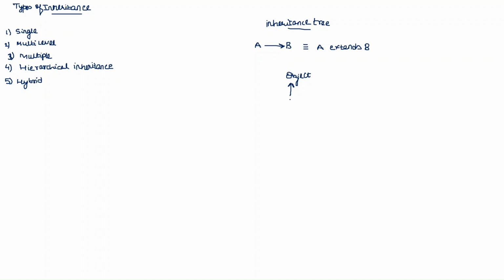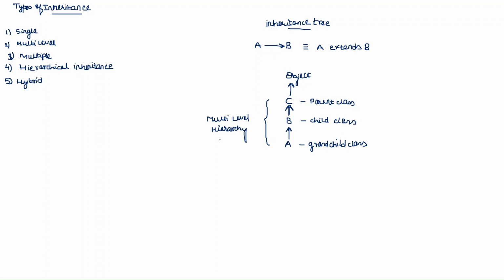Then we have a class, let's say named C, which is inherited by the class B, and which is again inherited by the class A. So this is the grandchild class. This is the child class with reference to class C, and this is the parent class. So A extends B, B extends C. That is what it means. And this particular hierarchy is what we call a multi-level hierarchy.